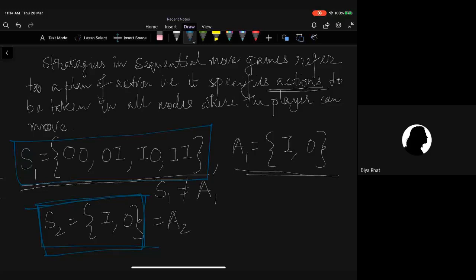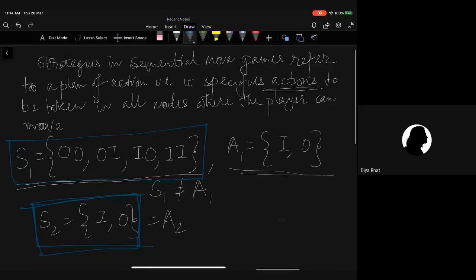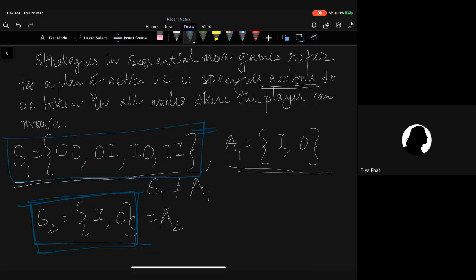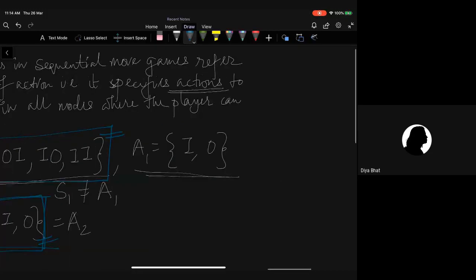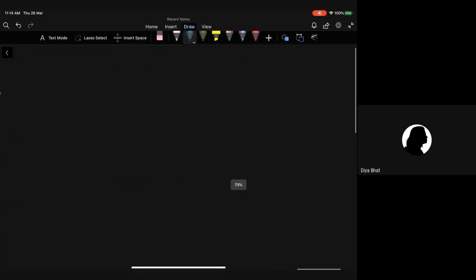So let me write down a 4 cross 2 matrix. For player one, the strategies are II, IO, OI, OO. And for player two, it's either in or out.